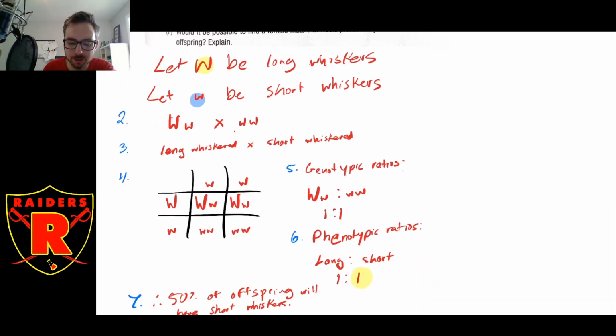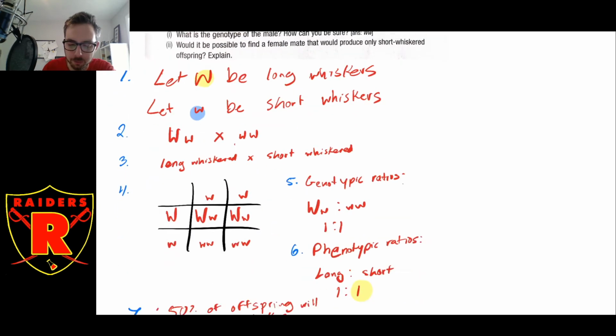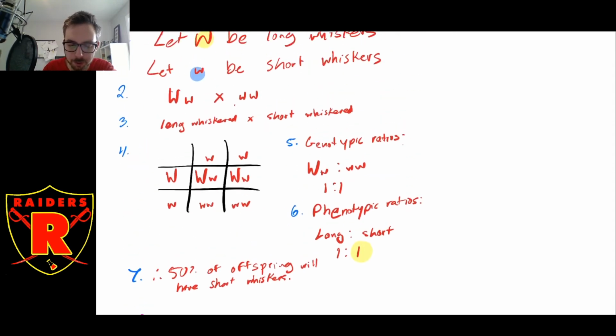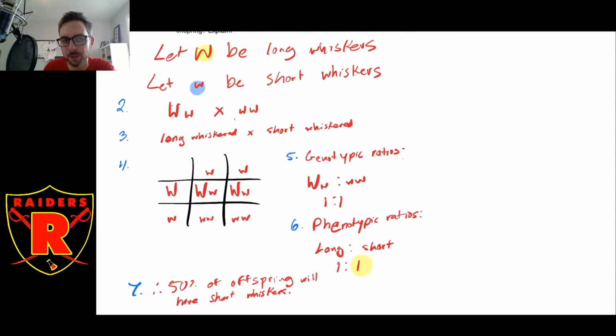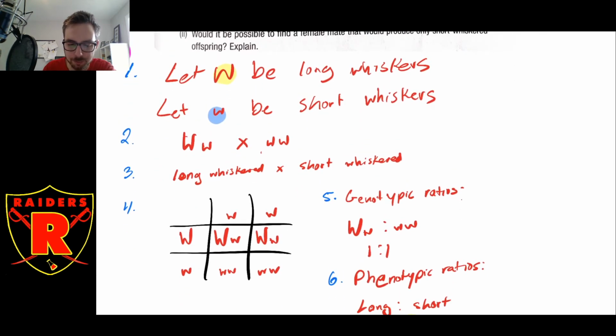So I am going to use a similar strategy here, but I'm going to work backwards instead of forwards. Male long-whiskered seal. We don't have to do our let statements here, by the way, because we just did the let statements for this, so I'm going to use the same things here.